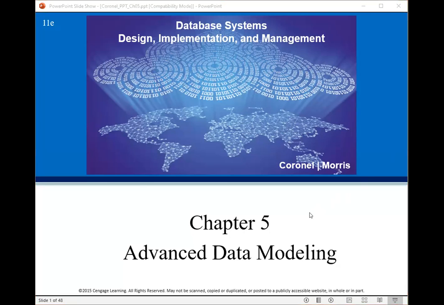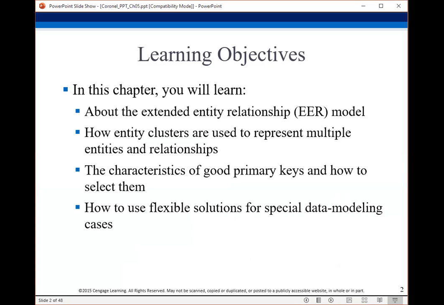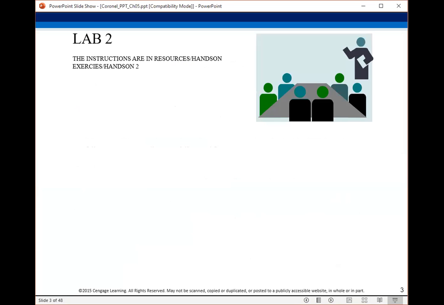But first, we're going to have you do Lab 2. It is a graded event. The instructions are in our Sky course site, in the resources folder, in the hands-on exercises, hands-on 2 subfolders.